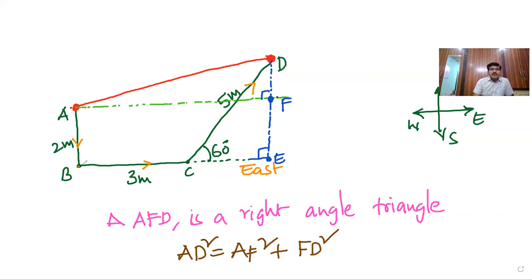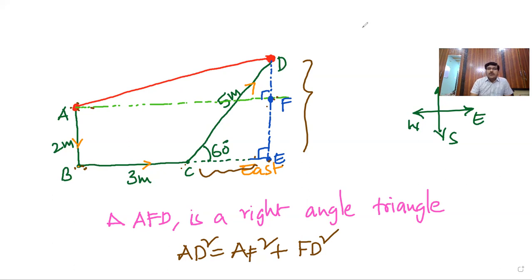AF is parallel to BE, so AF is equal to BE. BE is equal to BC plus CE. That means if I know this CE as well as the complete DE from this triangle, I can easily calculate the other things.